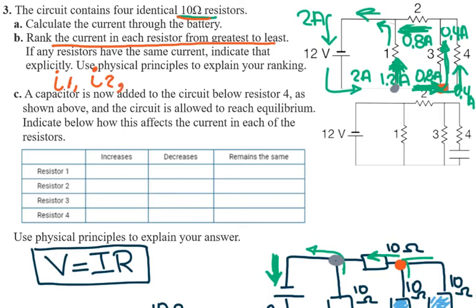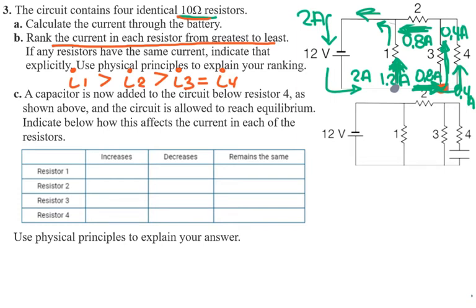We'll just do this way because usually they have this way. So I1 is the largest, then I2, and then you have I3 is equal to I4.